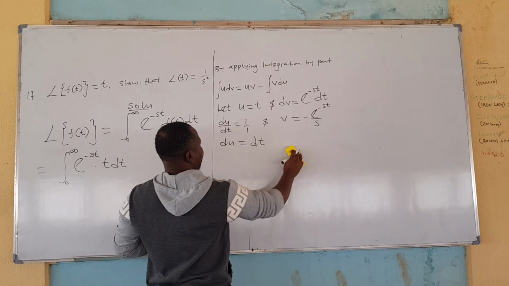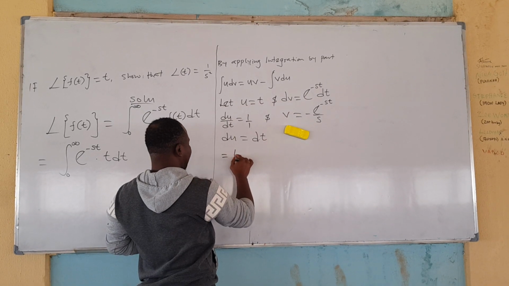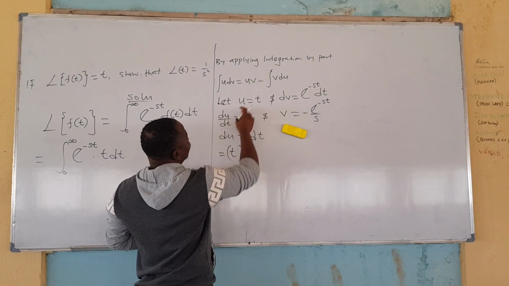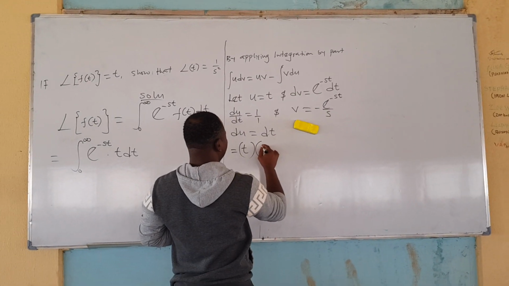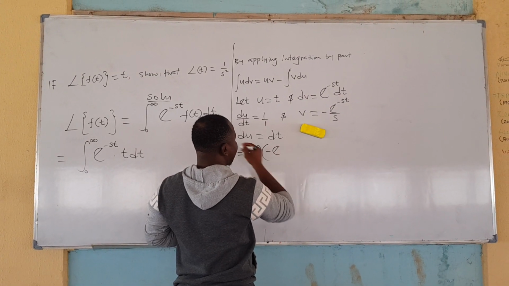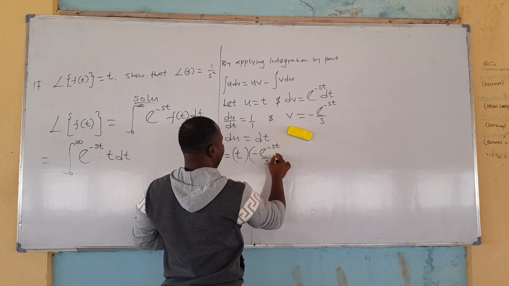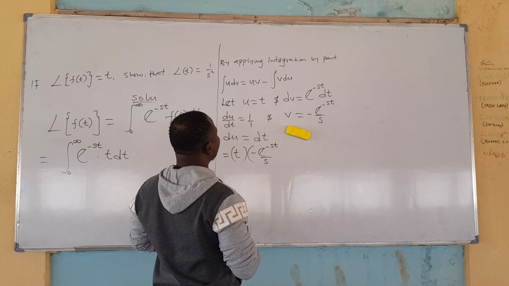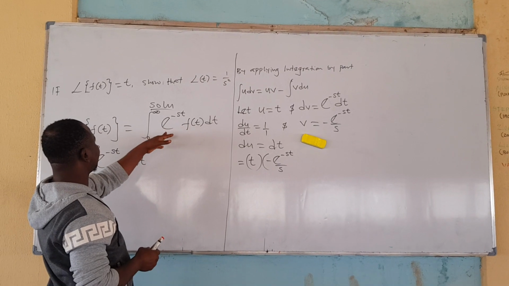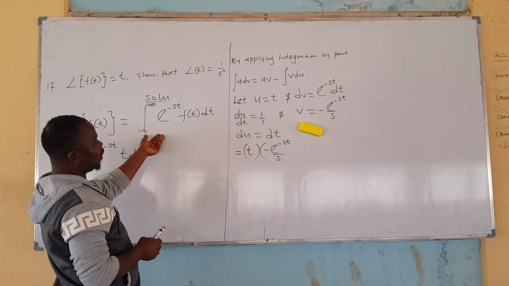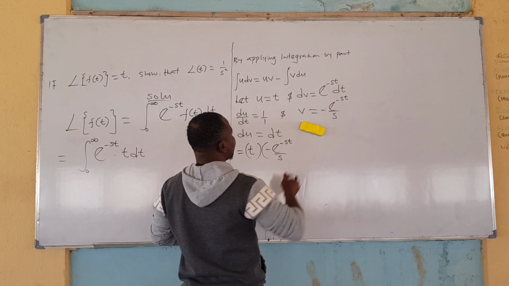Substituting into the integration by parts, this is equal to our ordinary u, which is t, times our ordinary v, which is minus exponential minus st all over s. But note that the integral here is running from 0 to infinity, so we should not forget that.